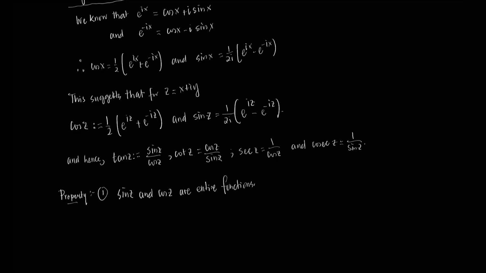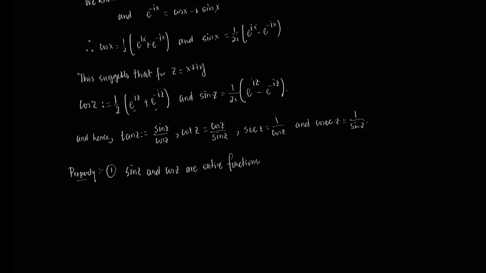Think of it like this. Cosine is a combination of exponential iz and exponential minus iz, divided by 2. Exponential iz is an exponential function that is always entire, and you are adding another entire function. The sum of two entire functions is going to be entire.